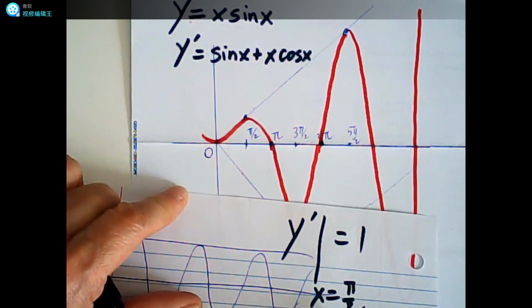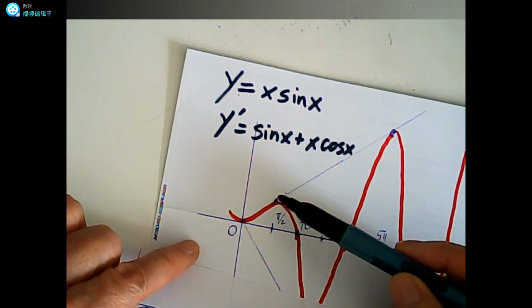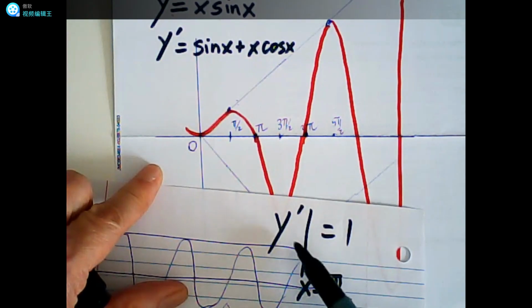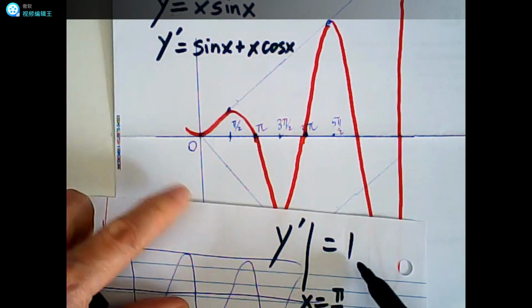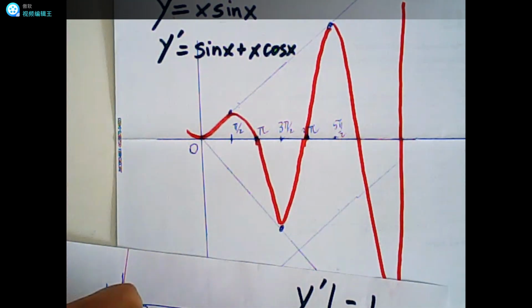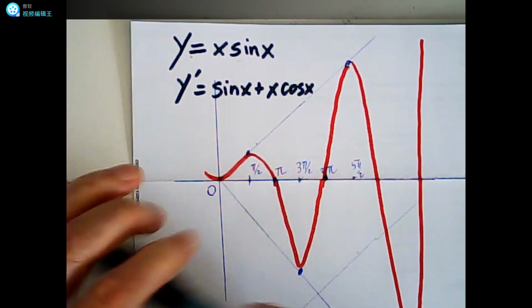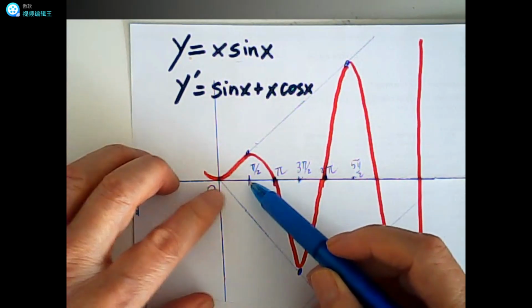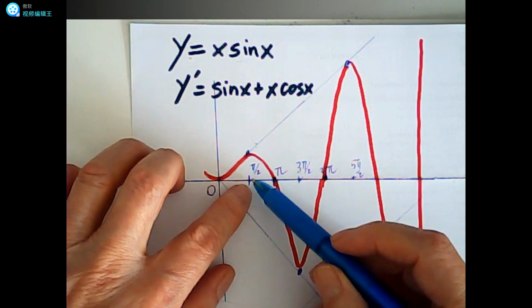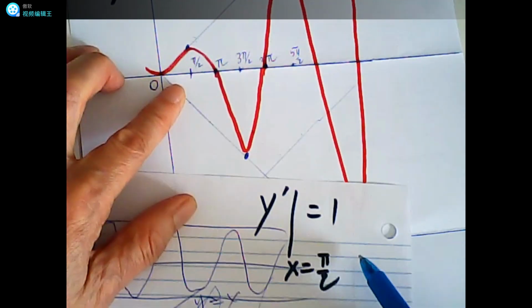But when x equals half pi, this should be a maximum. But the derivative at that point is not 0, it's 1, which means that at this point, the slope of the tangent line to that maximum point is 1.